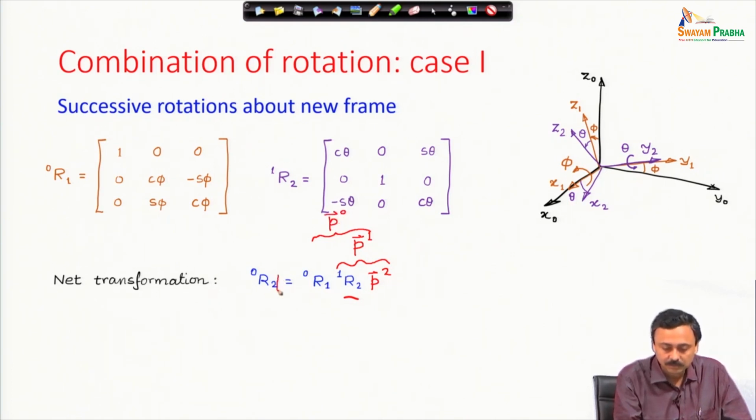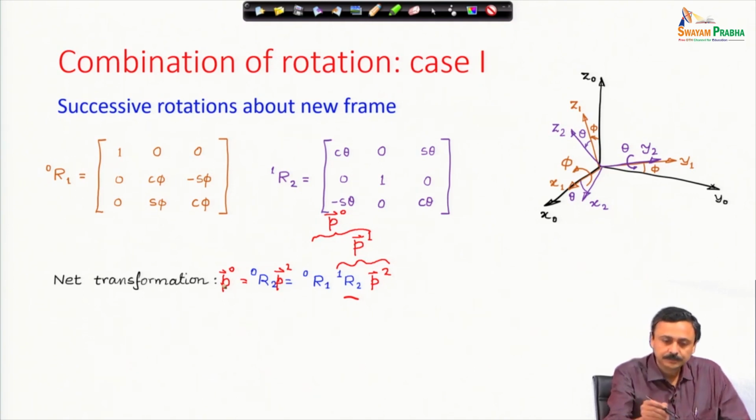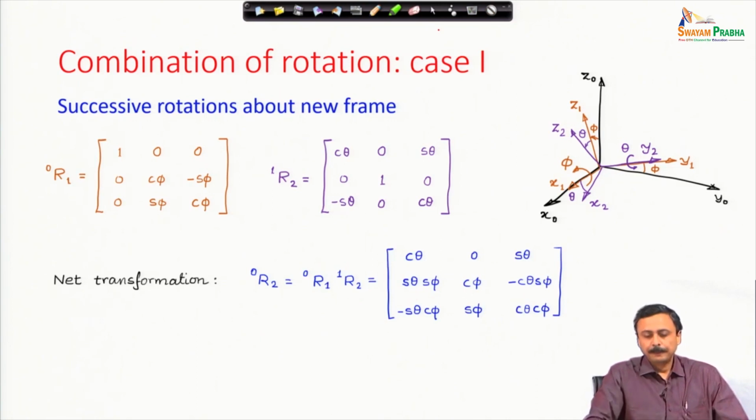So this is in frame 2 and what I am going to get is p in frame 0. If you multiply these two matrices by the standard procedure of multiplication, you will get this matrix.